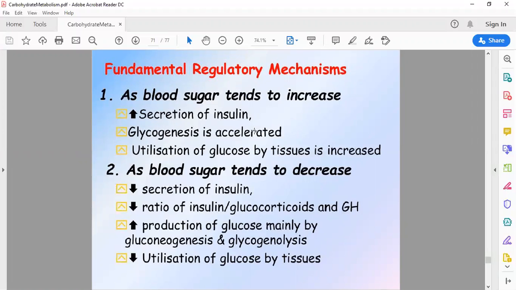First, discuss the HMP shunt pathway. Another major question is, discuss the significance of the HMP shunt pathway and glucose 6 phosphate dehydrogenase deficiency. For the deficiency, you have to discuss the clinical manifestations in G6PD deficiency, G6PD deficiency and resistance to malaria, and its biochemical diagnosis.